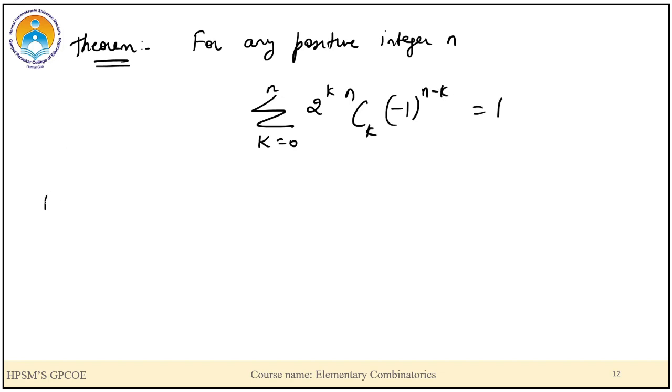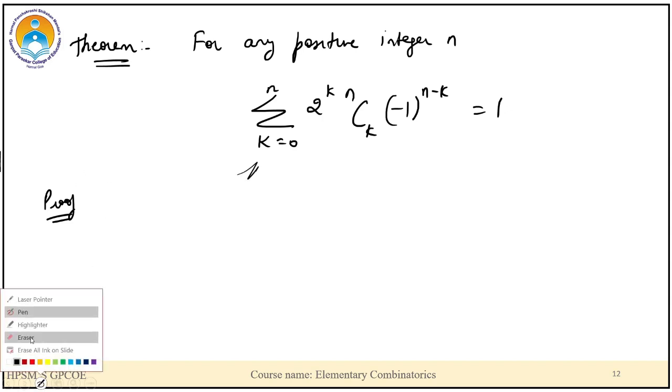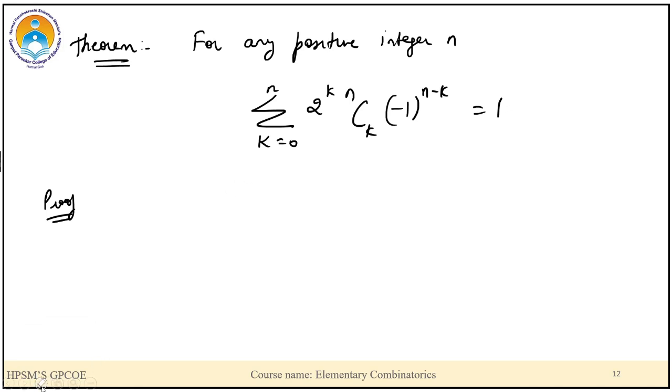Again, this is something which can be proved using the substitution method which we tried in the previous module. So what I shall do here is consider the expression from the binomial theorem first.